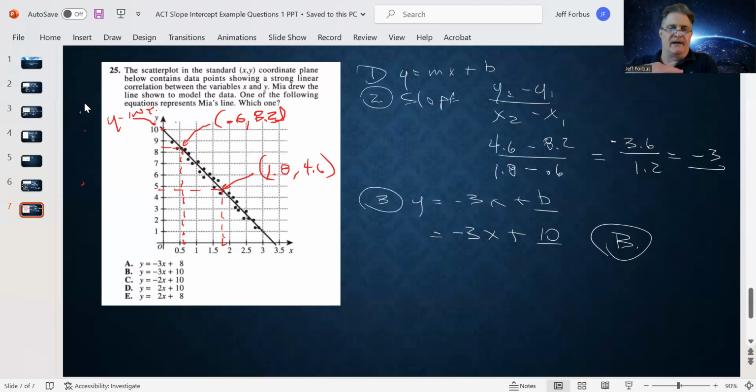I hope you don't encounter one like number 25 where it's hard to see the dots on the line on test day, but you could. And if you do, just be patient with it and be very careful when you're looking at the line. You want to find the dots on the line to use those particular points.